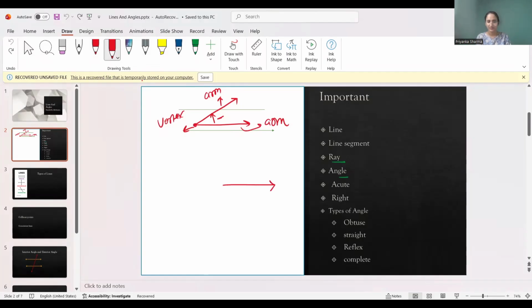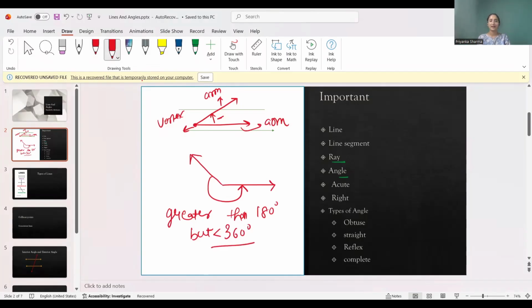I'm taking this angle. This angle is called a reflex angle. A reflex angle is an angle which is greater than 180 but less than 360 degrees. And a complete angle, as we all know, the complete circle is called the complete angle.